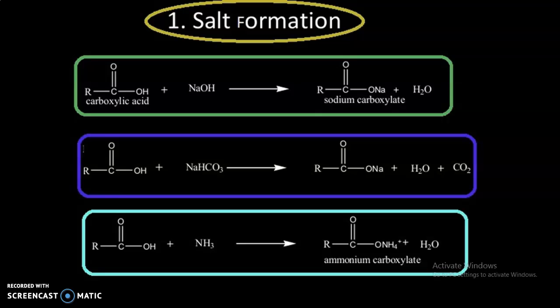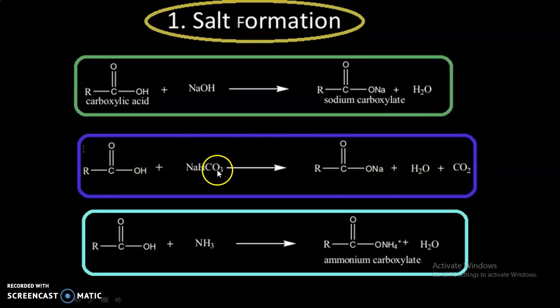Number one is salt formation. Carboxylic acids react with hydroxides, carbonates and bicarbonates to form corresponding salts. When carboxylic acid is treated with sodium hydroxide, it forms sodium carboxylate, a salt.